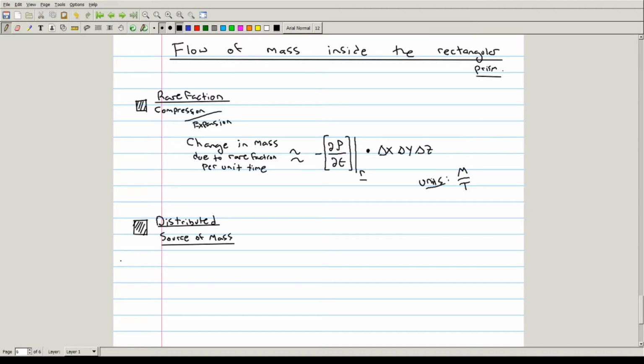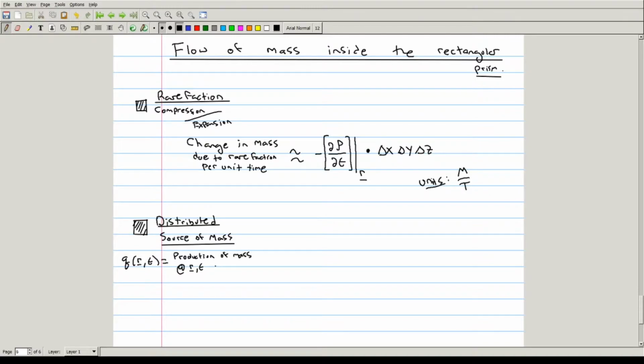We'll denote this as a function. We'll say that Q of R comma T is exactly the function that gives us the production of mass at the point R and the time T.